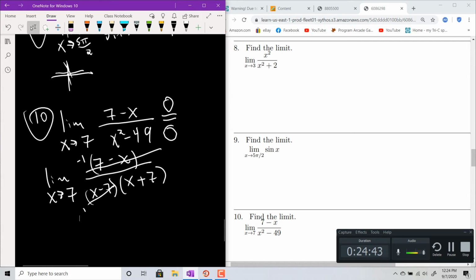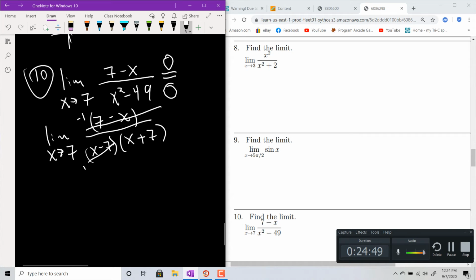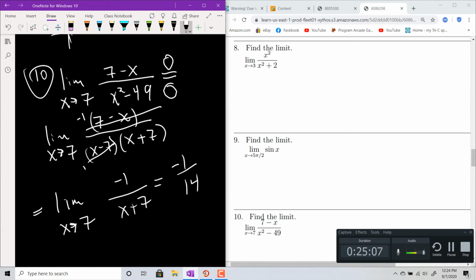If you added 7 minus x plus x minus 7 together, you would also get 0. So they're additive opposites. In other words, they're the same as -1 if you make a ratio out of them. Then I could rewrite that expression for every place other than 7 as -1 all over x plus 7. And then you could substitute in 7 to get -1 all over 14.